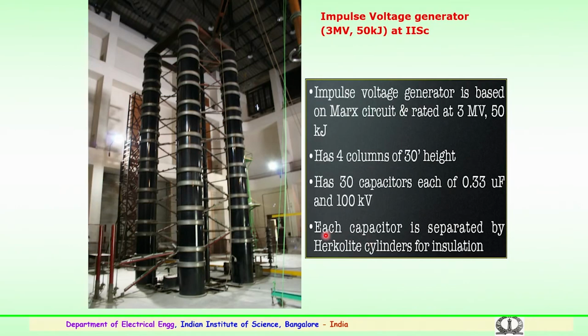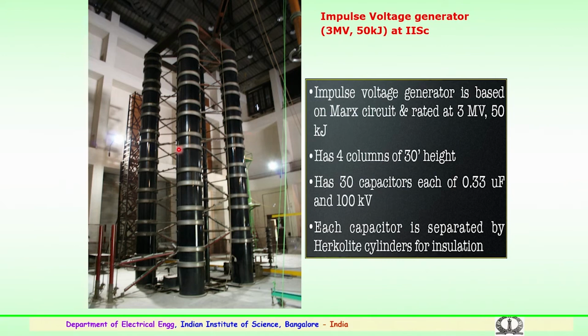Importantly, we have an impulse voltage generator of 3 million volts, 50 kilojoules available. This simple generator is mainly based on the Marx principle which has been described, and is rated for 3 million volts, where both lightning and switching surges could be generated.